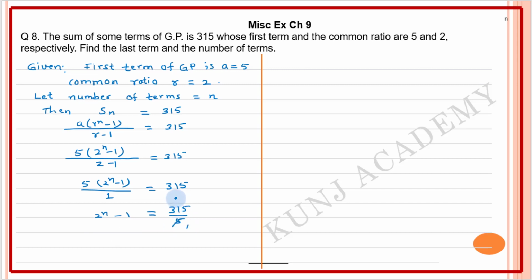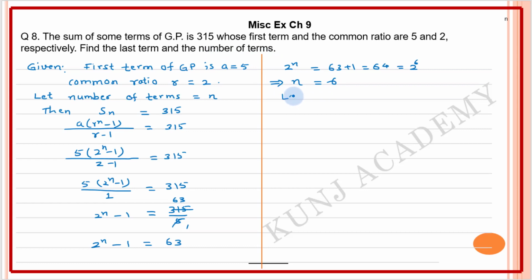Five ones are 5, 5 times 63 is 315, so 2^n − 1 = 63. 2^n = 63 + 1 = 64 = 2^6. Therefore, n is equal to 6. Number of terms is 6.